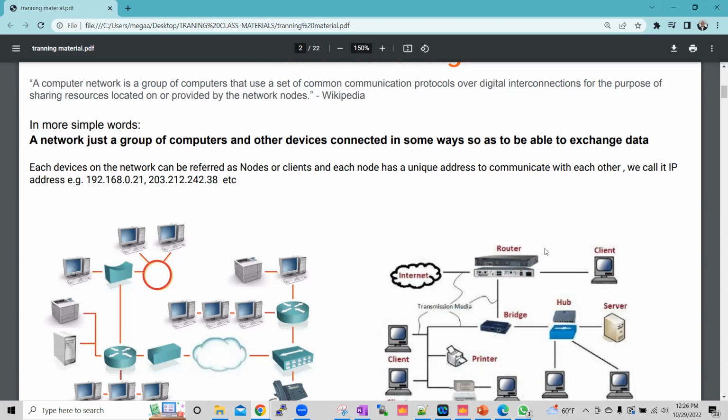So now, why are we securing our network? It is to protect our valuable data. Anytime you go to an ATM to withdraw money, immediately you slot in your ATM card, all your information passes from that ATM to another server somewhere.